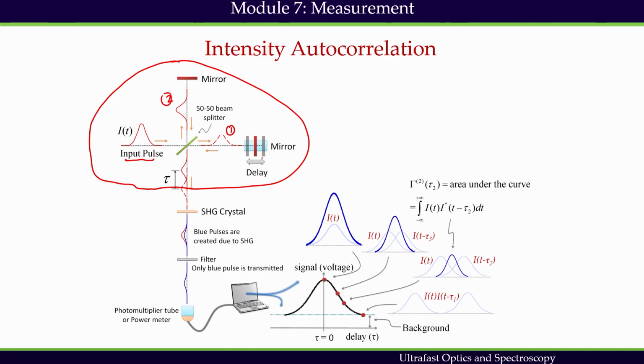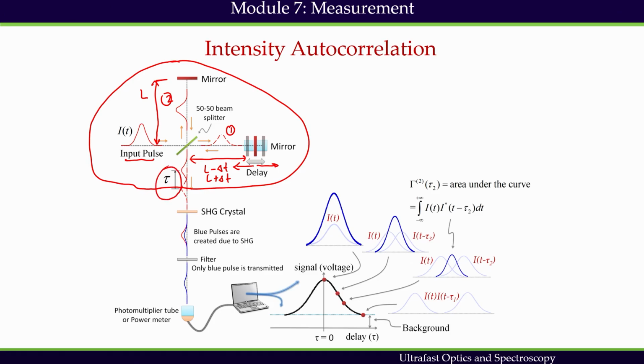That's why the mirror can be taken backward or forward, and depending on whether this length is L and this length is L minus delta L or L plus delta L, we introduce a delay between the two pulses, and this delay is represented by tau.